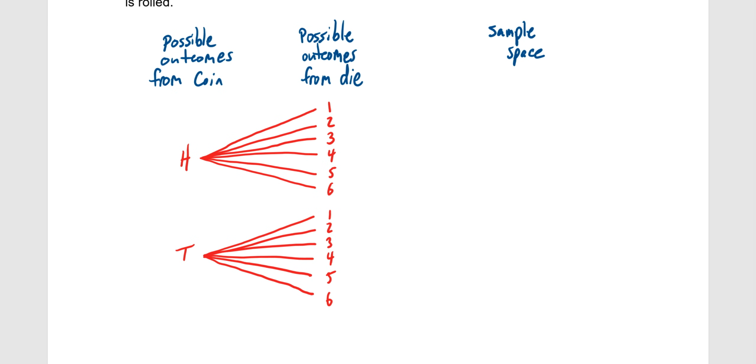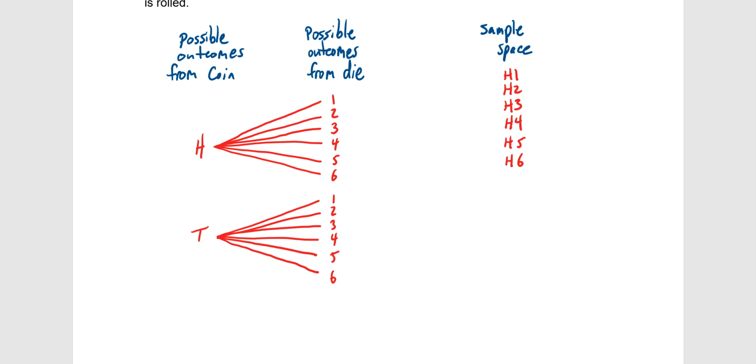We can either have a heads and a 1, a heads and a 2, a heads and a 3, heads and a 4, heads and a 5, heads and a 6, or we can have a tails and a 1, tails and a 2, tails 3, tails 4, tails 5, or tails 6.